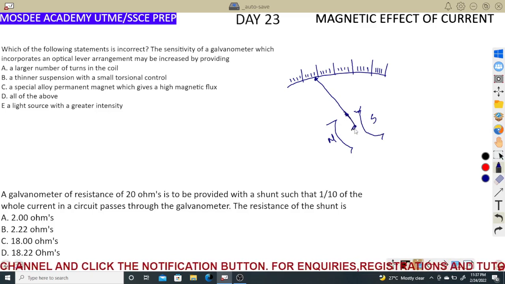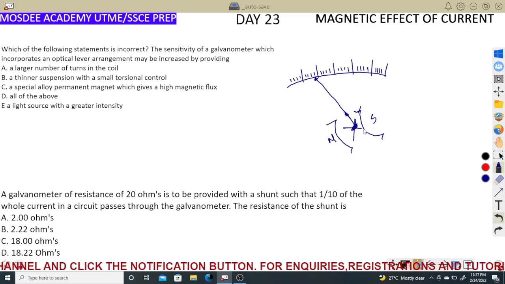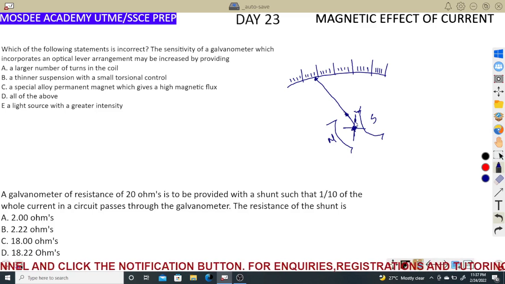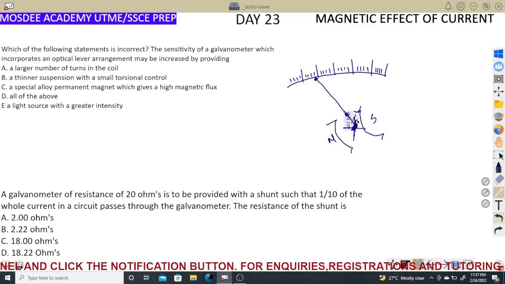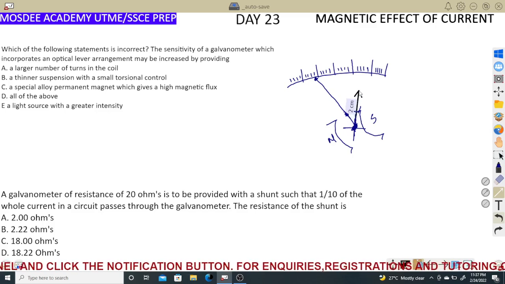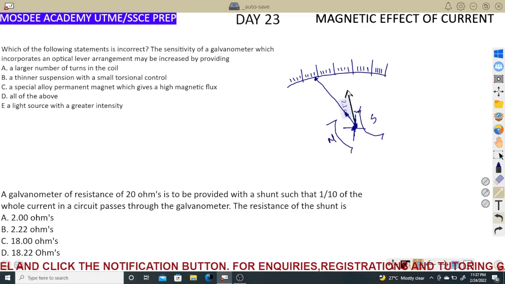Let me extend my needle. So at this point, this particular needle here has the tendency to what? To deflect. You understand? It can go back and forth. Now, it is always moving in such a way that it is forming an angle of theta.